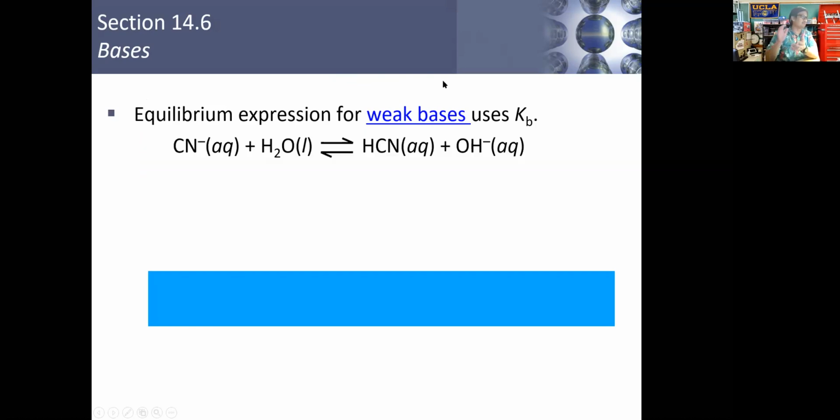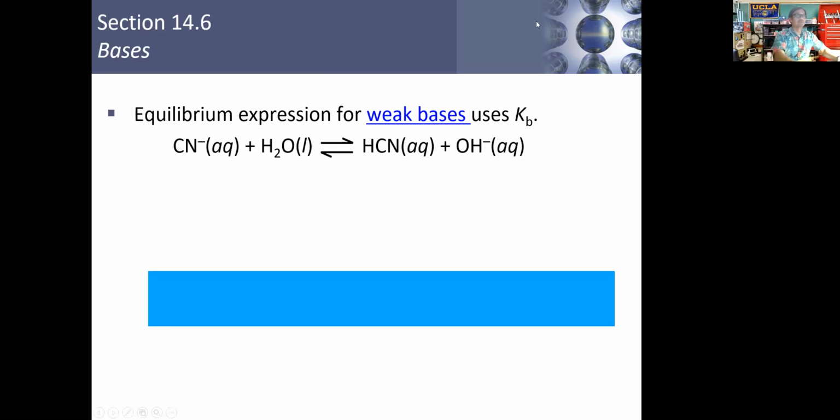And so how we want to approach this is to imagine the weak base interacting with water. We can define that equilibrium by the equilibrium constant that we refer to as Kb. Kb is the equilibrium constant for bases, and Kb for strong bases, just like Ka for strong acids, is going to be much greater than 1.